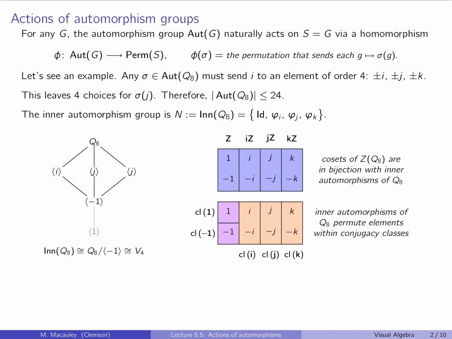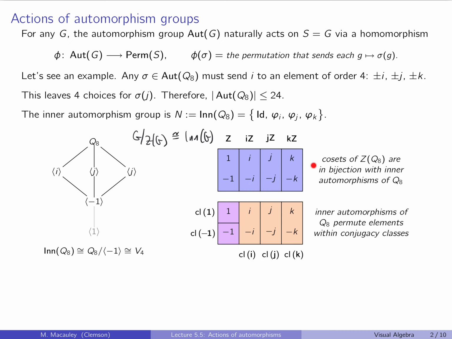We studied inner automorphisms at the end of chapter 4, and recall that we always have, for any group G, G mod the center is isomorphic to the inner automorphism group of G. So for Q8, the center is generated by -1, so Q8 mod the center is isomorphic to V4. So we have a bijection between inner automorphisms and cosets of the center.